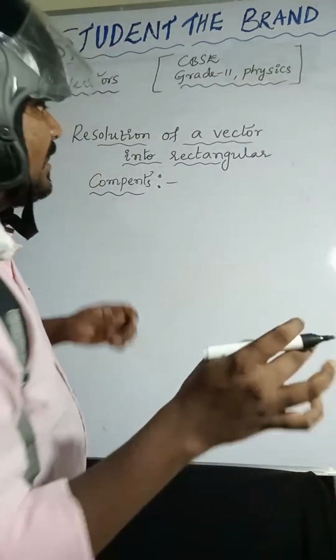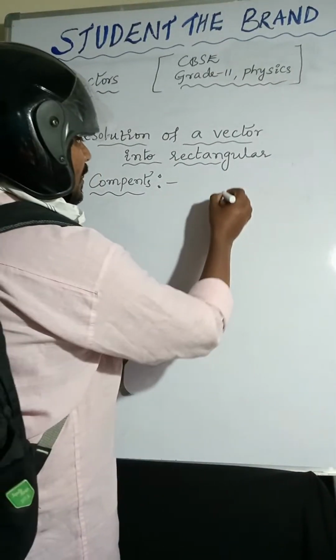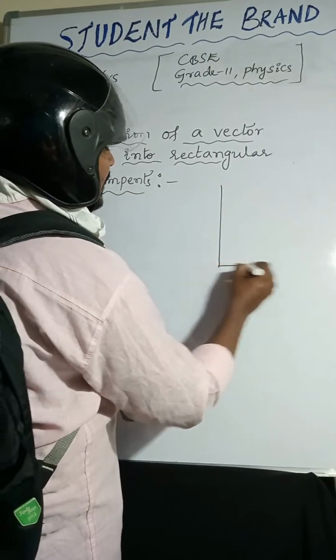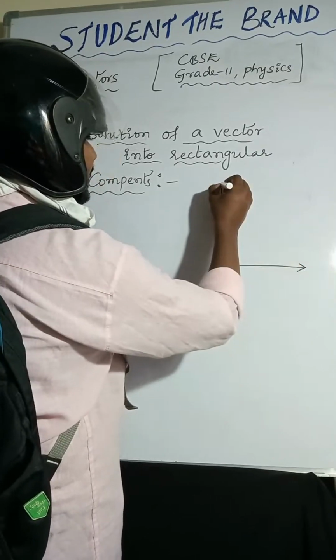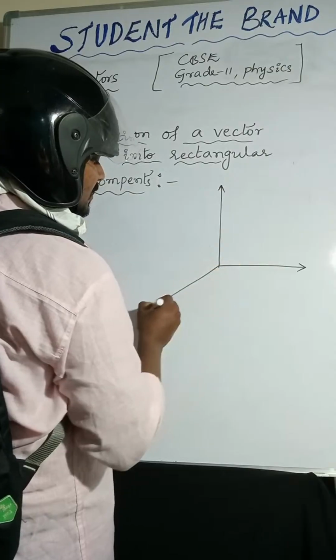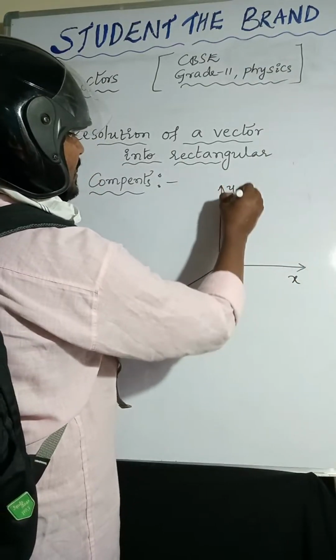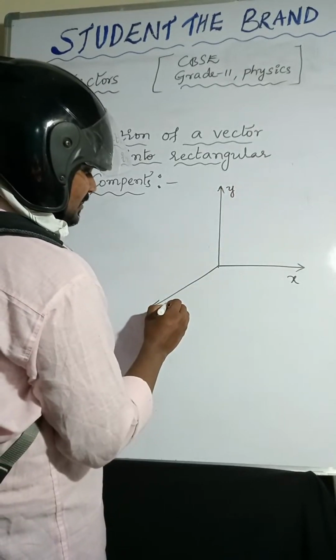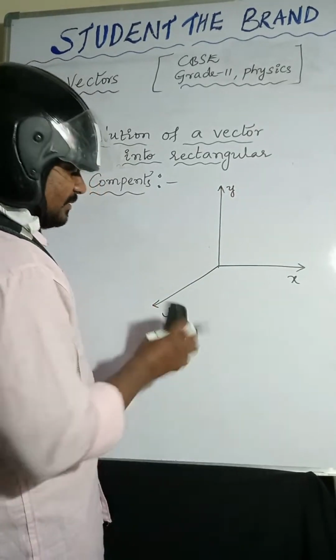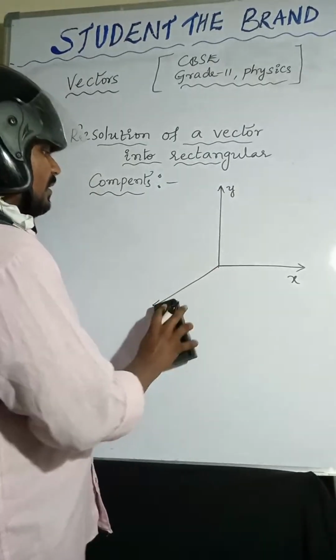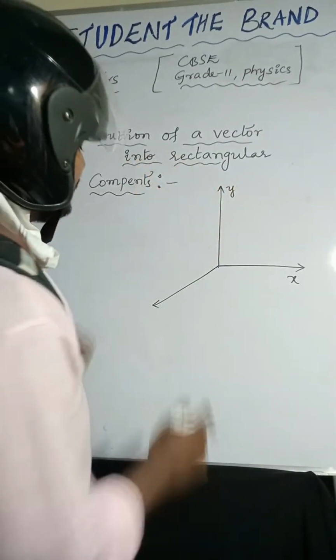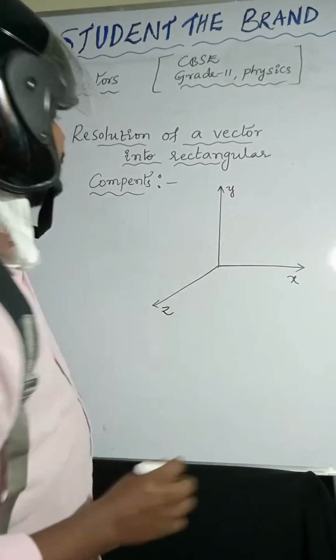Right now you can see I'm taking three axes: x axis, y axis and z axis.